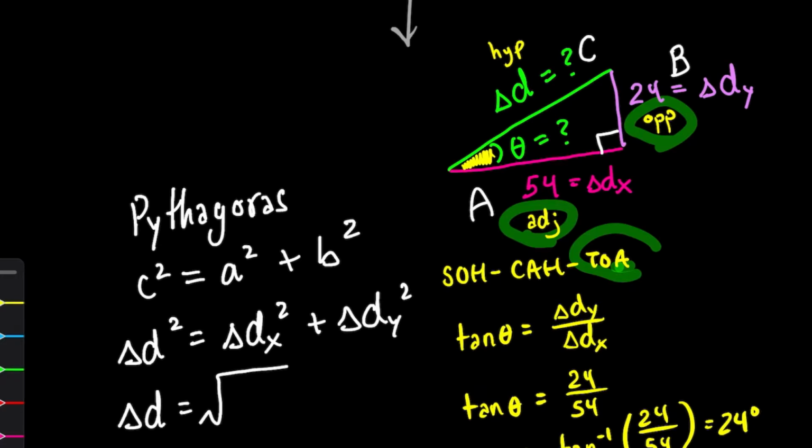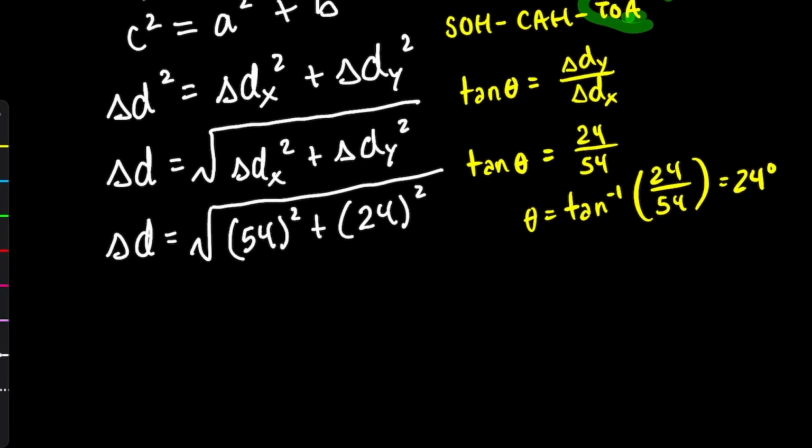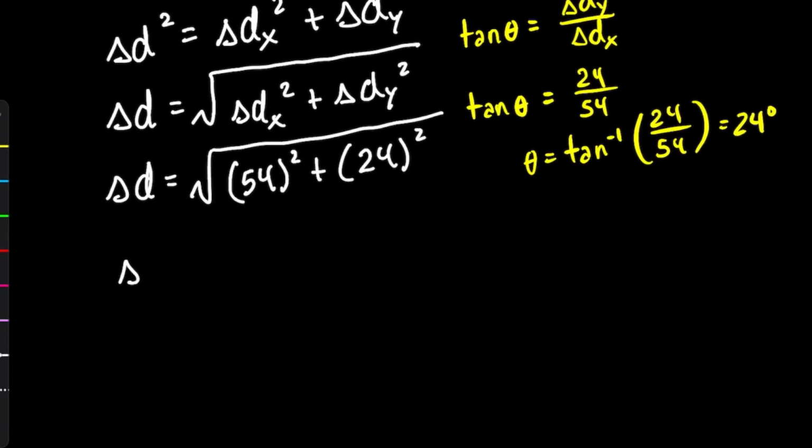Taking the square root on both sides. And at this point, all we have to do is just put in the values, which we get approximately that it's equal to 59 meters.